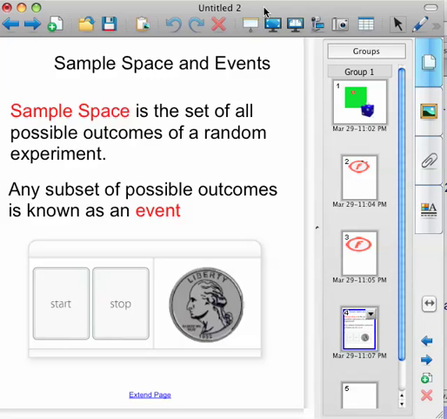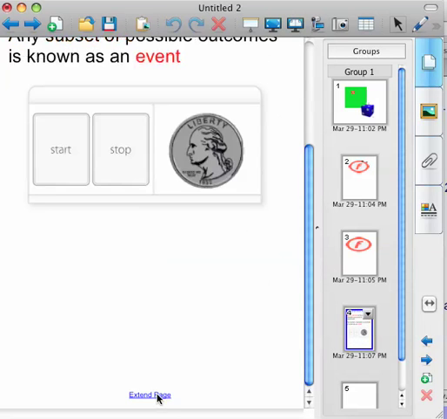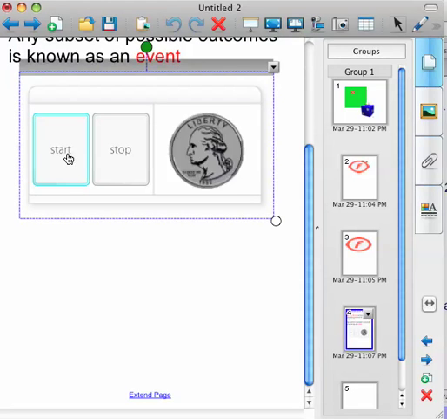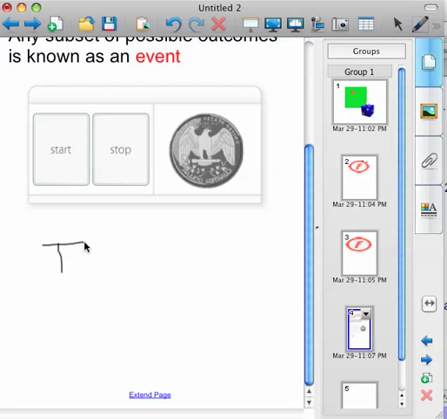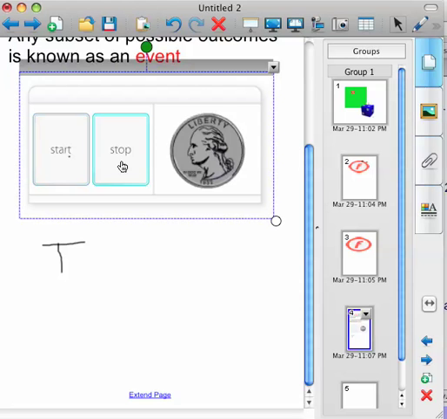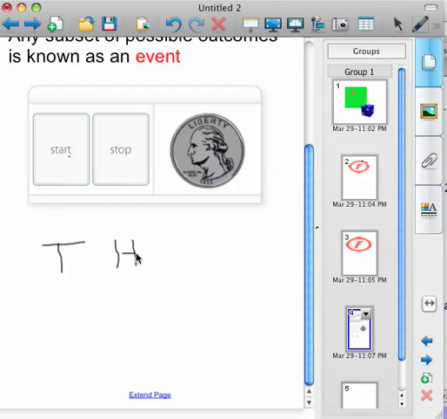If you look here, we've got a set of coins, or a coin. And so we can just go ahead and start spinning it and stop it, and we got tail. There's only two choices. You can spin it again, stop it again, and look, I lucked out, and we've got a head. Those are our only possibilities.